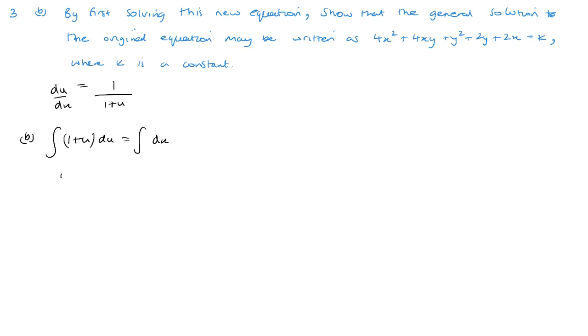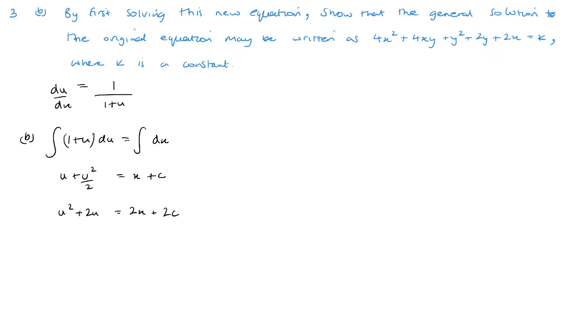So we've got u plus u squared over 2 equals x plus c. Nice and easy. Multiply through by 2. So I've got u squared plus 2u equals 2x plus 2c.